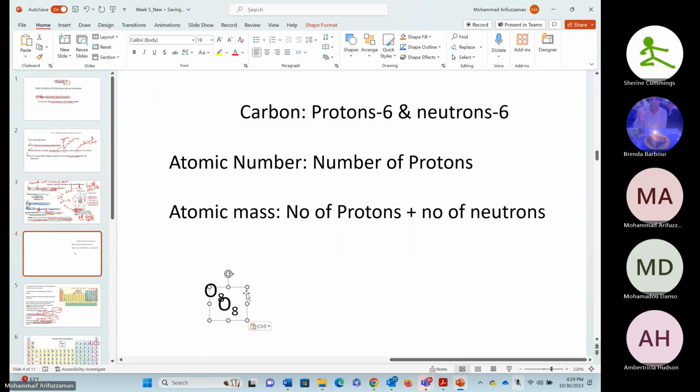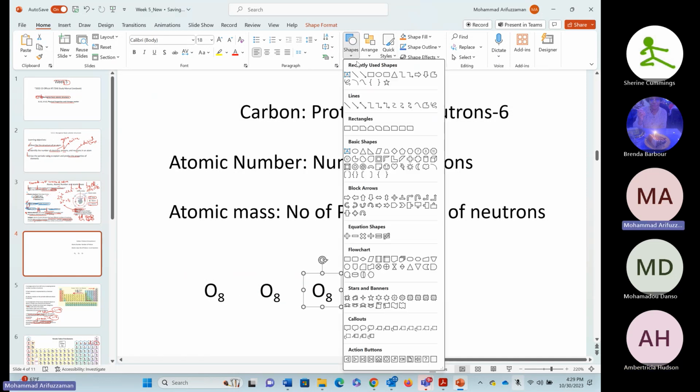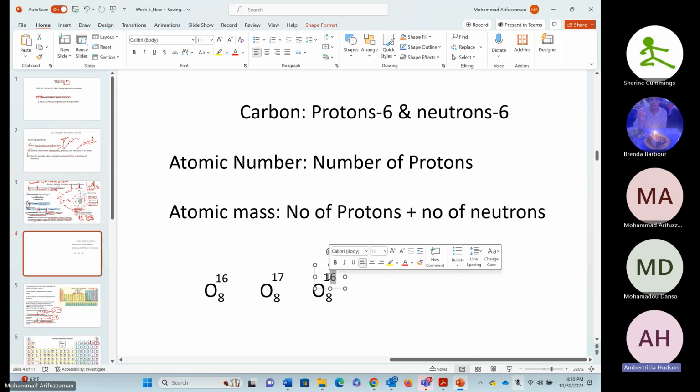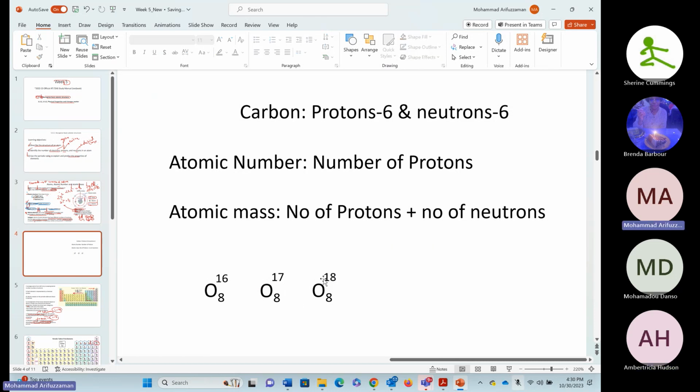These are the three isotopes of oxygen. Now I'm writing the number 16, which is the mass number. This is one isotope. This is the mass number 17, and this is the mass number 18 of oxygen. The upper number represents the mass number and the lower is the proton number.